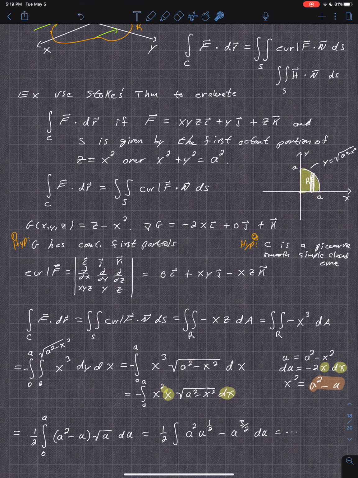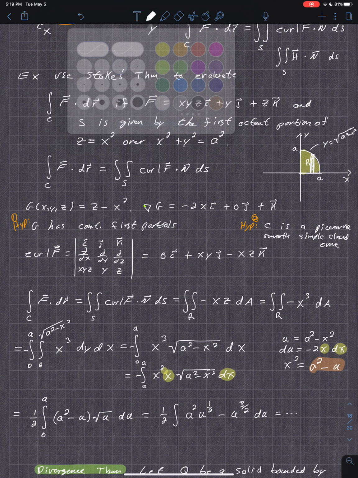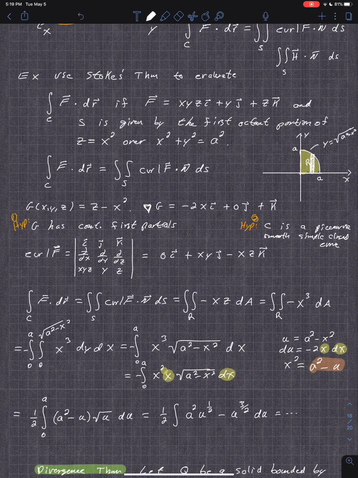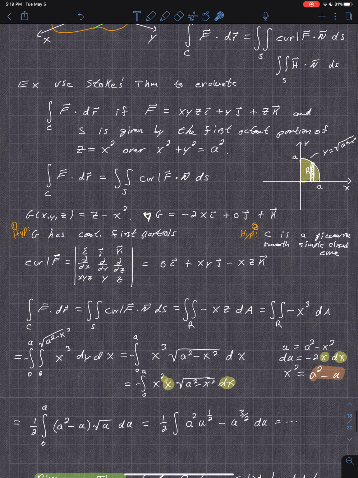All right, so then, what is that? I was looking at my work there. Okay. So then G is z minus x squared. So that is this.